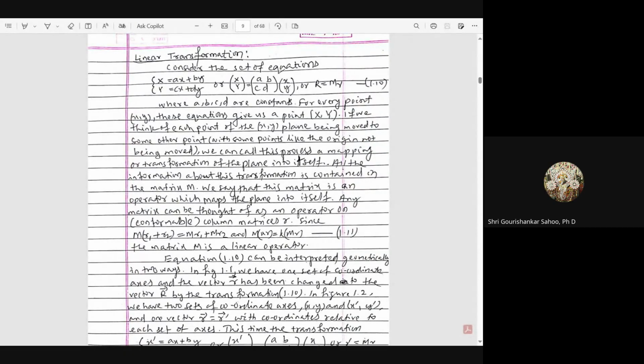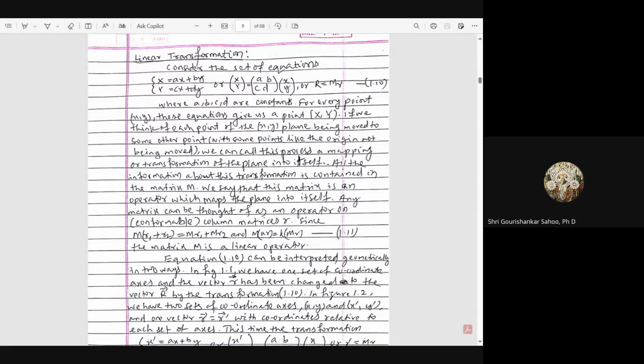So it will transform or change from one center to another in a plane. All the information about this transformation is contained in the matrix M, that is a, b, c, d. So we can say that this matrix is an operator which maps the plane into itself. So M is an operator that maps the plane into itself.